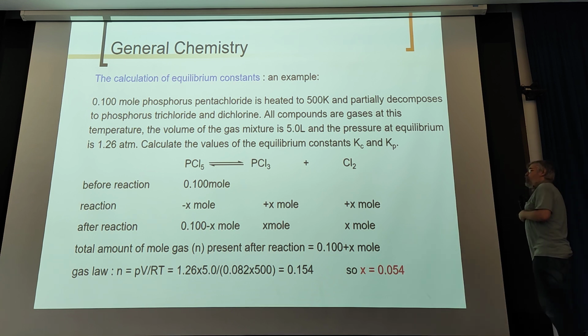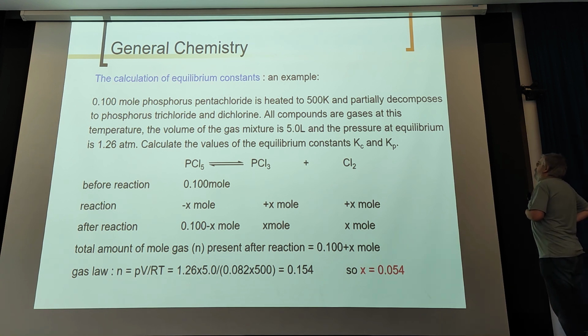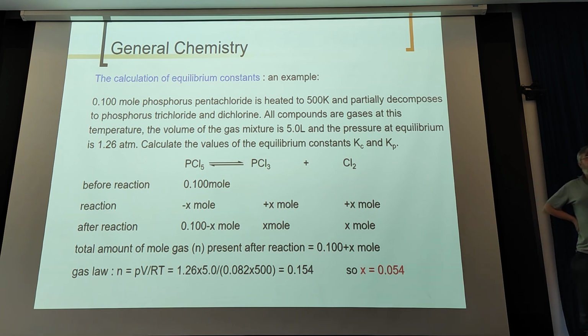And at this temperature, 500 Kelvin, actually all of the components, products and reagents, are gases. So the volume of the gas mixture is 5 liter. This is the equilibrium mixture, and the pressure within the reactor is 1.26 atmosphere. So we have to calculate now what are the values of the equilibrium constants Kc and Kp.